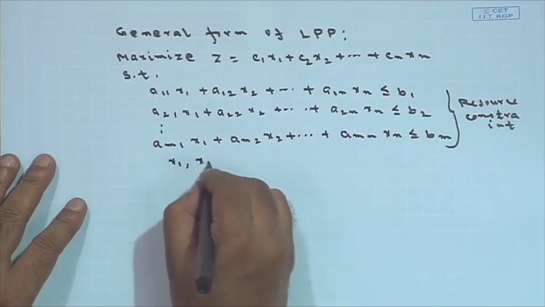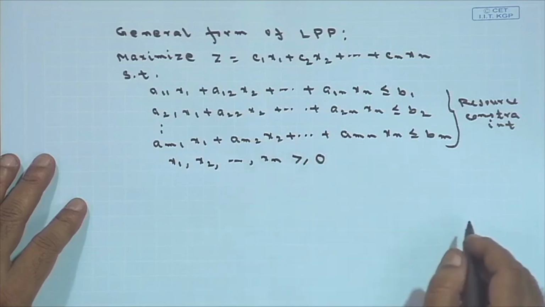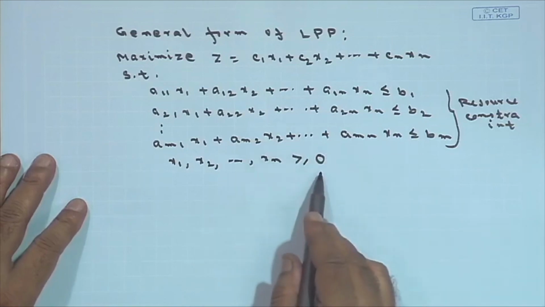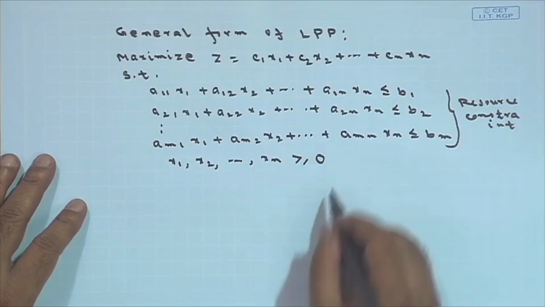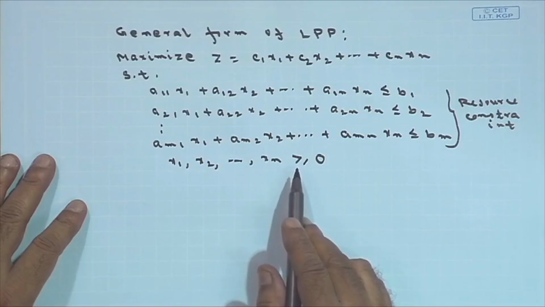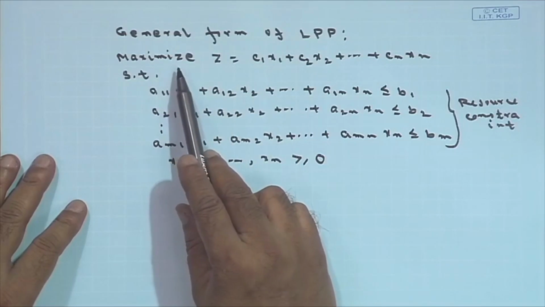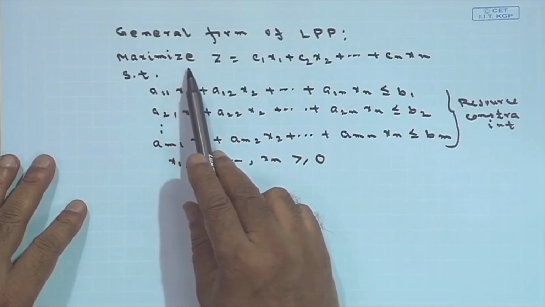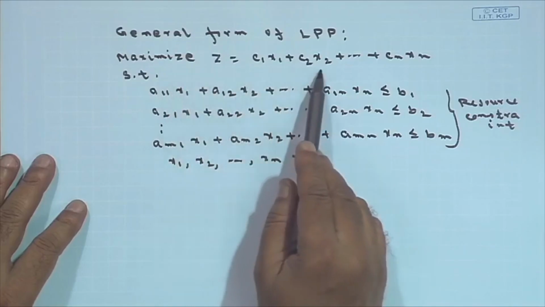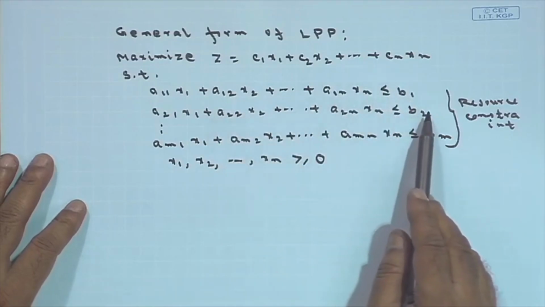Please note this one, the decision variables x1, x2, xn should be greater than equals 0, which we call the non-negativity constraint. In an LPP, the decision variables with which we want to work must all be non-negative, and we have to maximize or minimize the function Z equals C1 x1 plus C2 x2 plus Cn xn, subject to satisfying certain constraints.